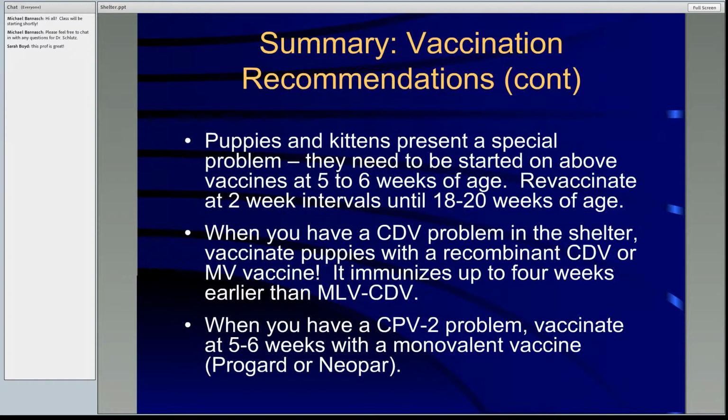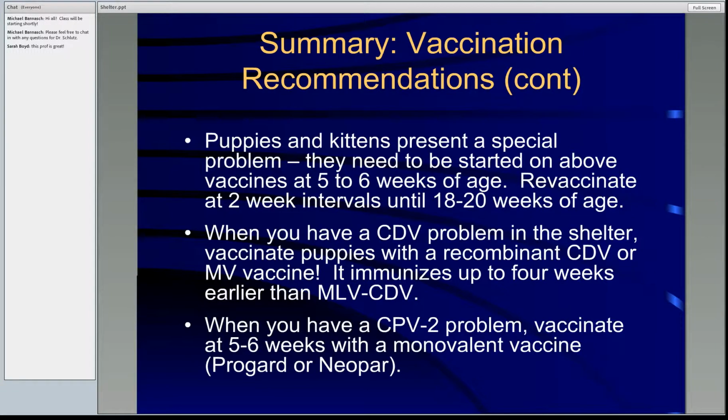Puppies and kittens present a special problem because maternally derived antibody can interfere with active immunization. So it's very difficult when you have puppies and kittens in a shelter environment for them not to get infected prior to you getting them immunized, because there's this constant challenge.